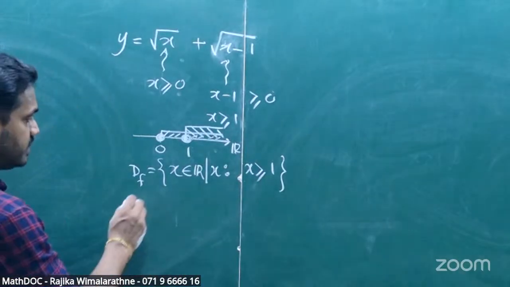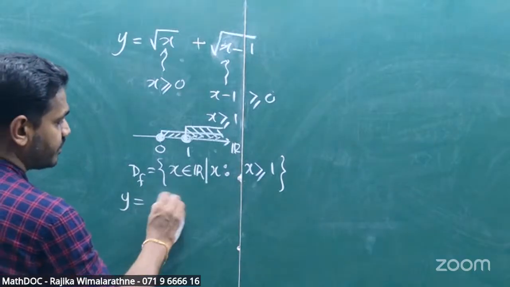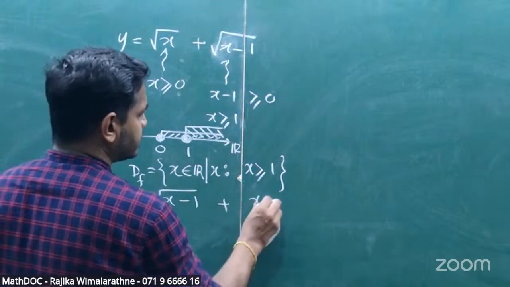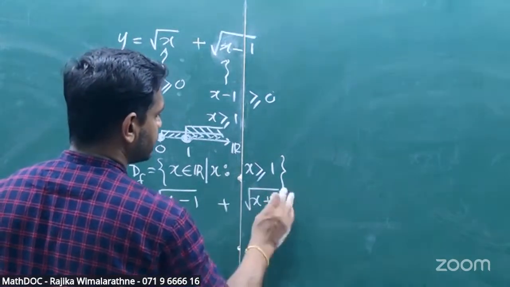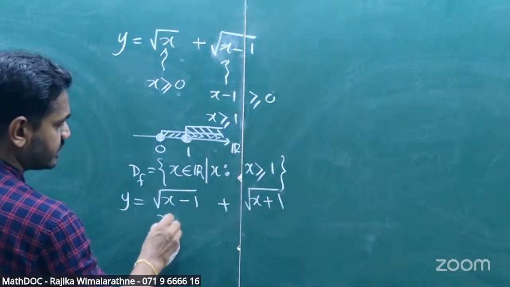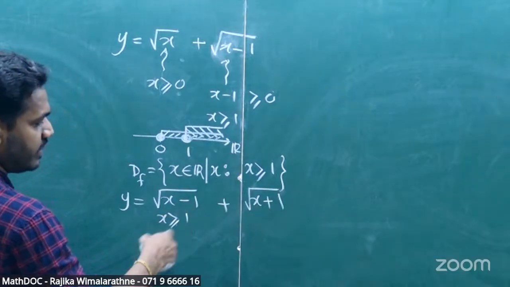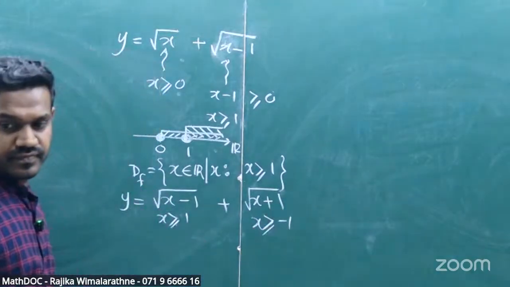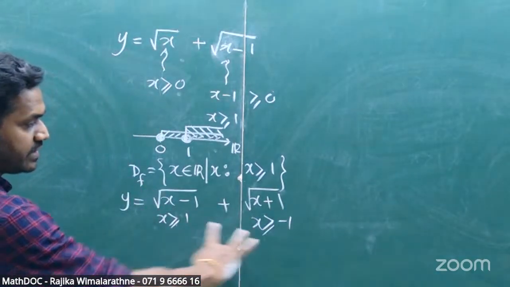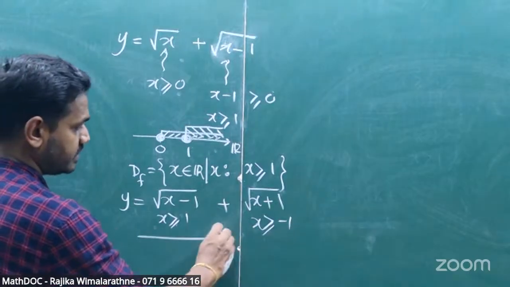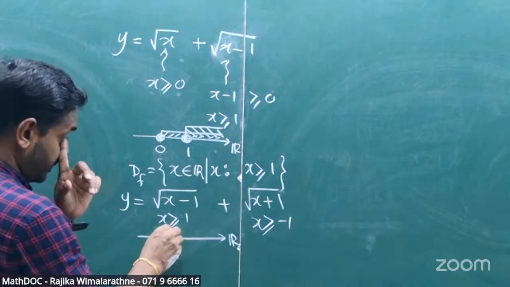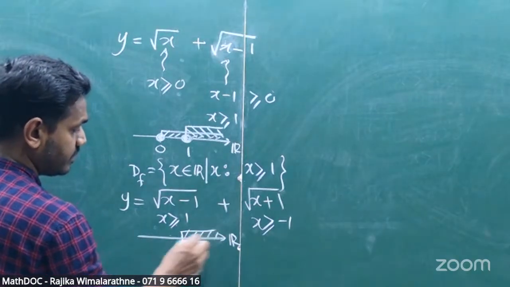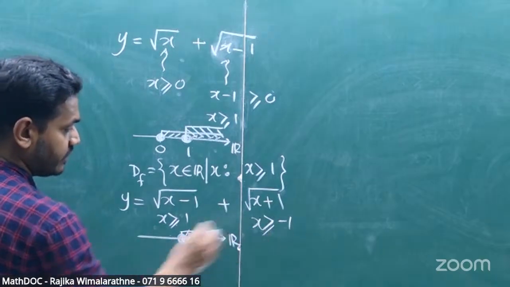Take y equal root of x minus 1 plus root of x plus 1. Take this. Then here x greater than or equal to 1. Here x greater than or equal to minus 1. No? So mark them on the same number line. Here value greater than 1. Here value greater than minus 1.